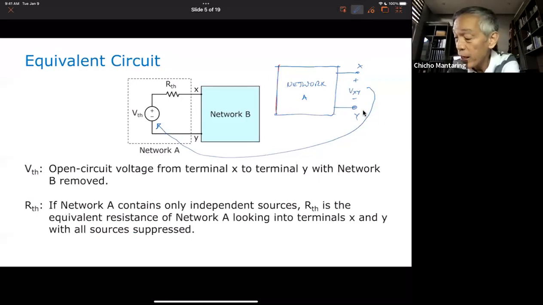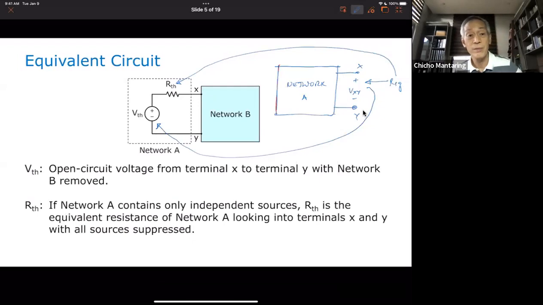So if network A contains only independent sources, no dependent sources, then if I get the equivalent resistance looking into X and Y with my independent sources suppressed, that is going to give me RTH.